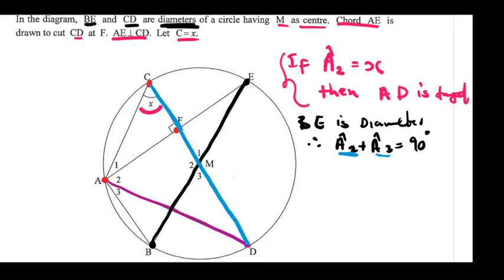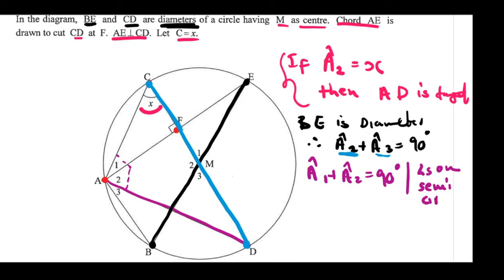Hence, I'm just going to use this other diameter. So this is another diameter, and here it's 90 degrees, right? So meaning angle A1 plus angle A2 is equal to 90 degrees. So you're going to write your reason for that, which is you can say diameter. No one will just mark you wrong if you say that, but we all know it's angles on a semicircle.